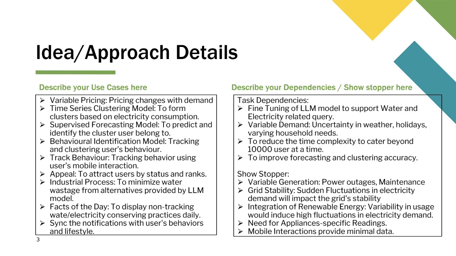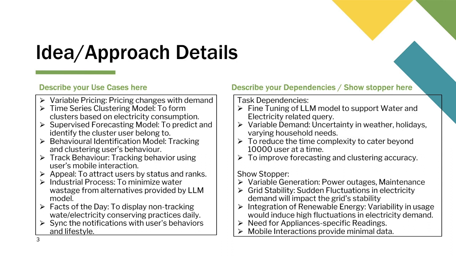Because if power outages or maintenance come into play, then we can't really include the data on those certain days. Now, the grid stability. Over here, the fluctuations in electricity demand could be higher or lower, and those sudden fluctuations will have an impact on the machines and will further affect the grid stability itself.